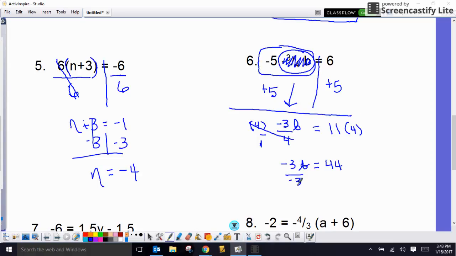Then divide by -3 on both sides. That gives you b equals negative, let's see, that would go once, be 14 and 2/3. So b equals -14 and 2/3.